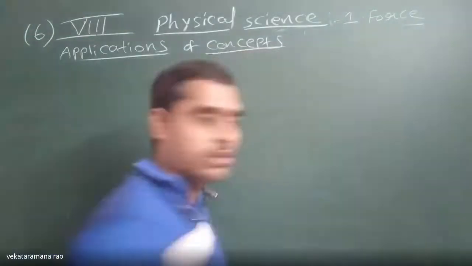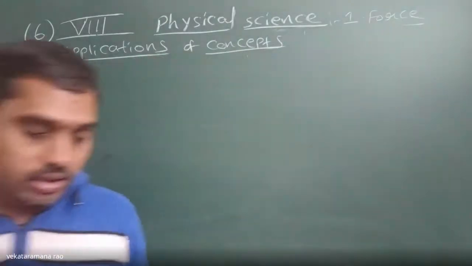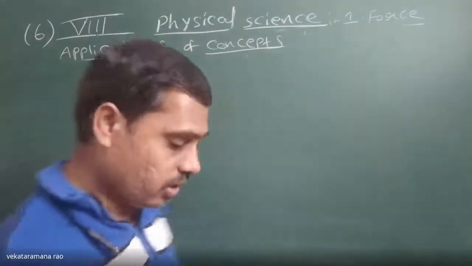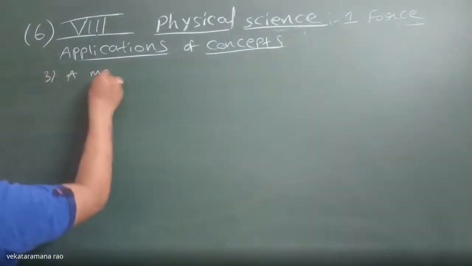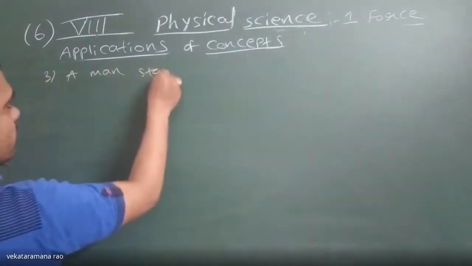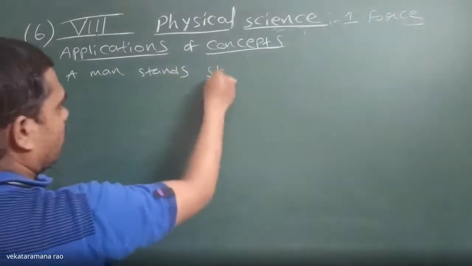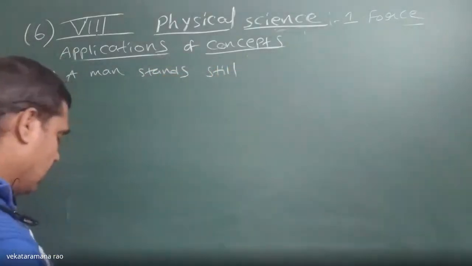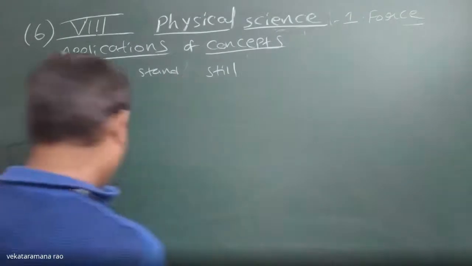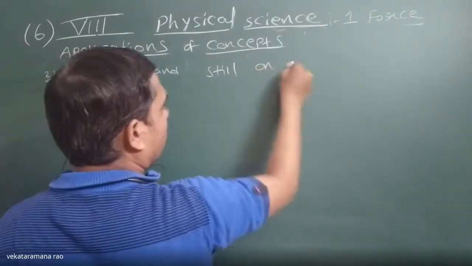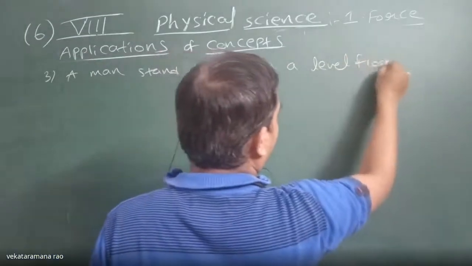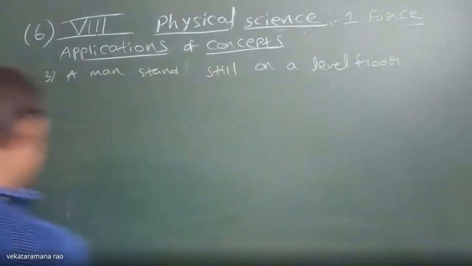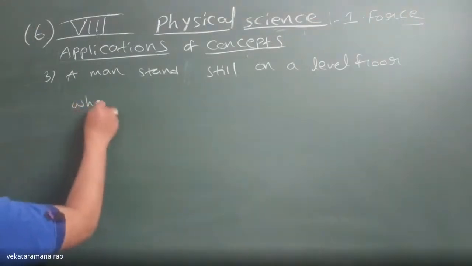So what are they asking in the question? A man stands still on a level floor. Then we have to draw a free body diagram.